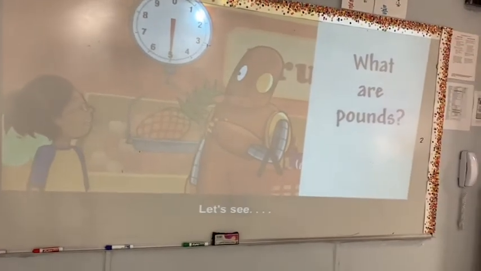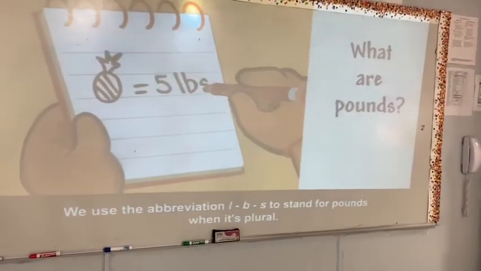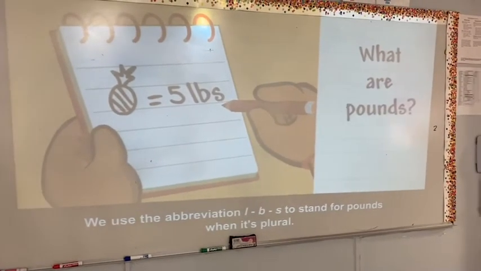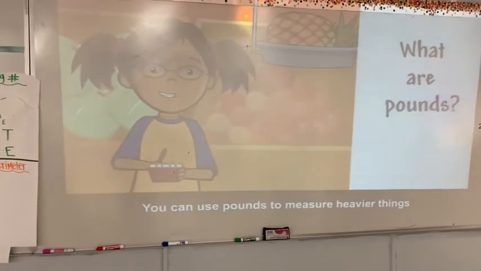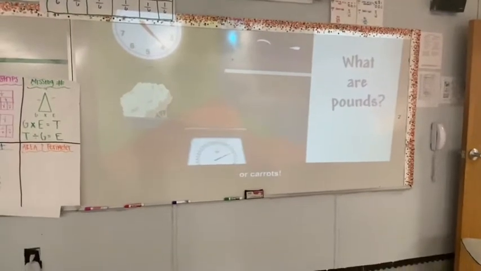Let's see. This pineapple weighs 5 pounds. We use the abbreviation LBS to stand for pounds when it's plural. You can use pounds to measure heavier things, like cauliflower, eggplant, or carrots.